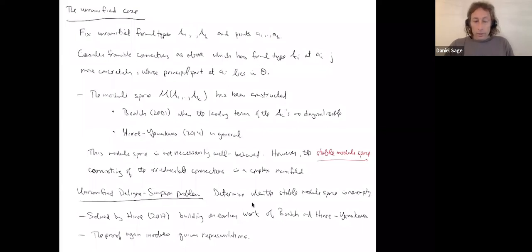The proof is similar to Boalch in that it involves constructing some quiver and then interpreting the existence of the desired irreducible connection in terms of the existence of an irreducible quiver representation. However, the quivers get much more complicated. I'm not actually going to give you an example beyond that, but anyway, it's sort of the same flavor.